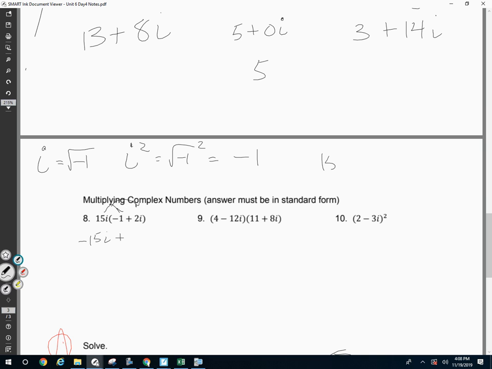If it was 15x times 2x, what would you say this is equal to? 30x squared. The 15 and the 2, the x and the x. 15i times 2i is 30i squared. But i squared is negative 1. So you can write this as negative 15i minus 30, or plus 30 times negative 1.